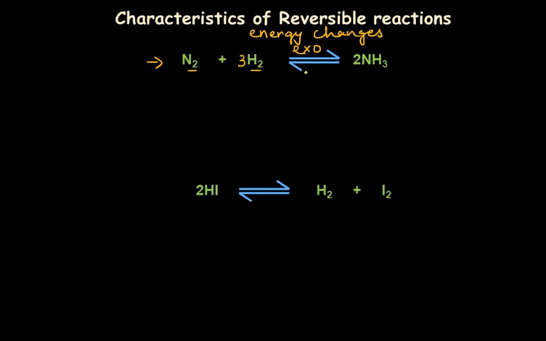So the backward reaction should be an endothermic reaction. So we can say that when nitrogen and hydrogen react to form ammonia, the energy will be released to the surroundings. But at the same time, if the ammonia is changing back to nitrogen and hydrogen, then the energy will be absorbed from the surroundings.